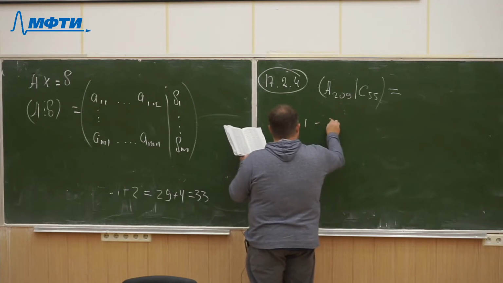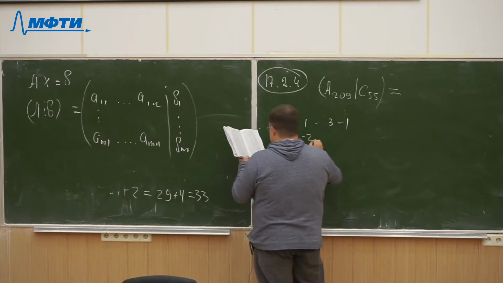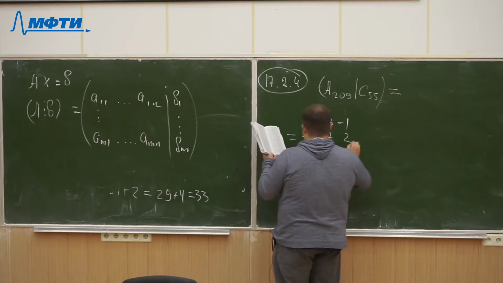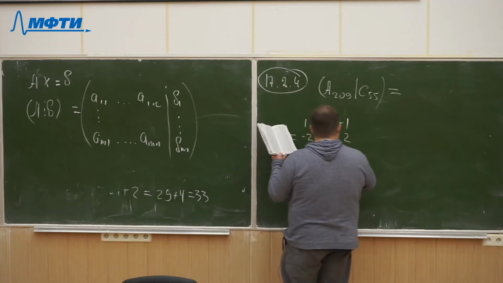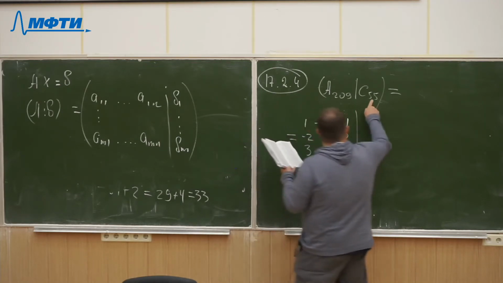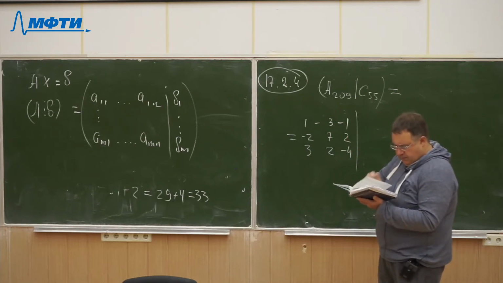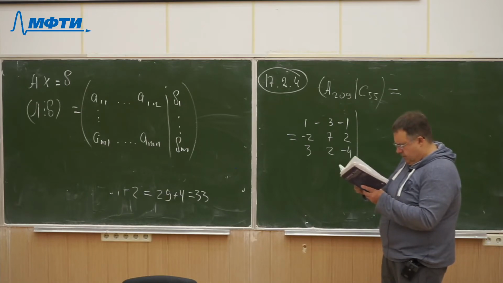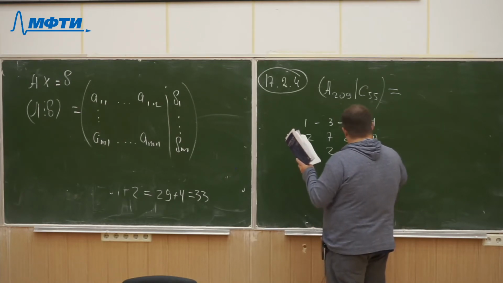1, minus 3, minus 1, minus 2, 7, 2, 3, 2, minus 4, and C55, column 55: minus 4, 10, 9.